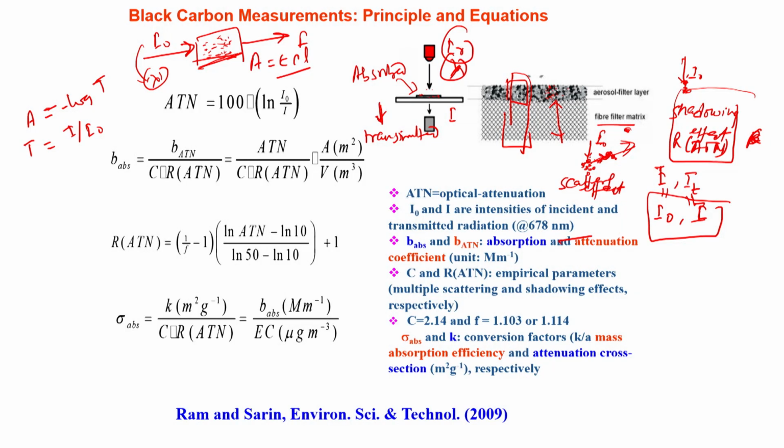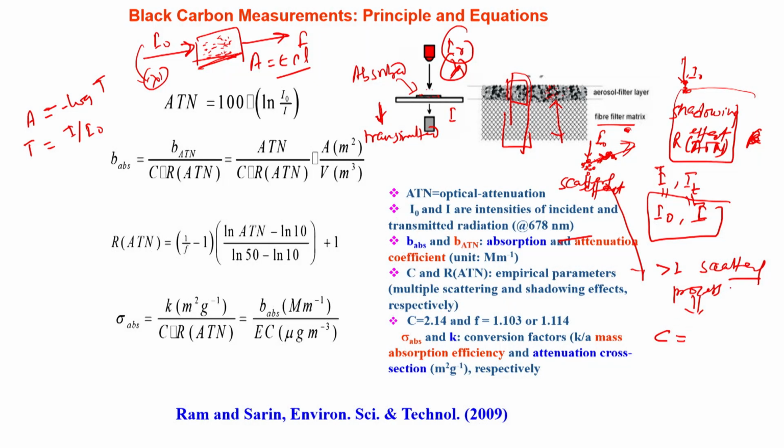So there will be more than one scattering process, which means your scattering has to be accounted for. In principle, when you are measuring, there should not be multiple layers, you should have only one layer, but because you have more than one, this process is taken care of by putting in the factor C, which is called the scattering effect.